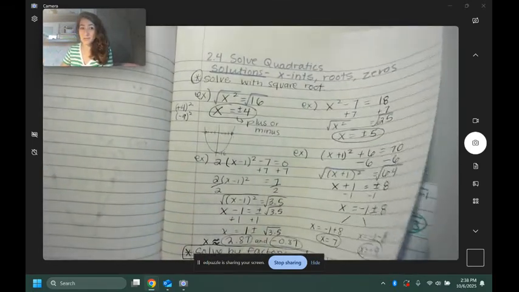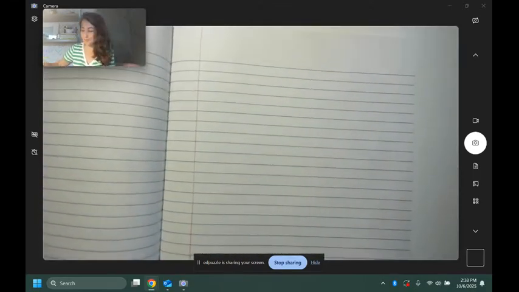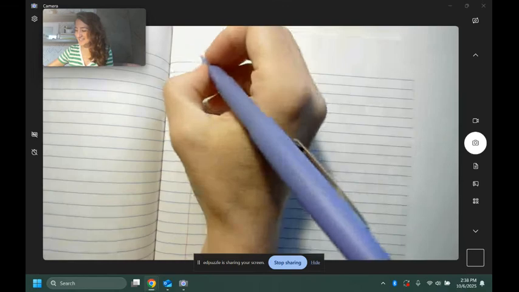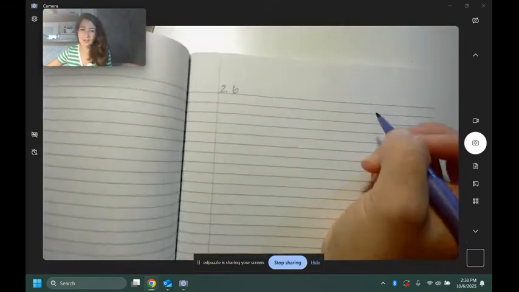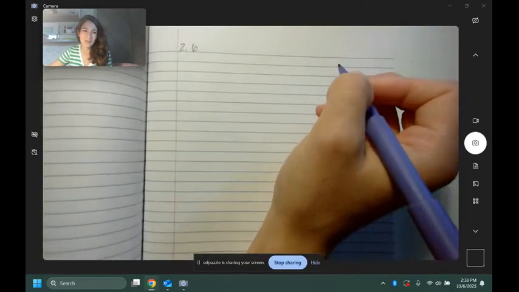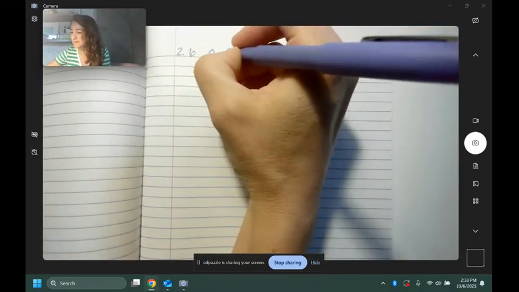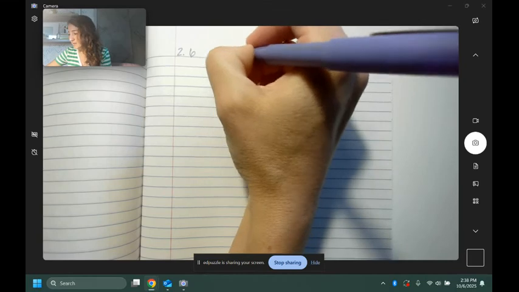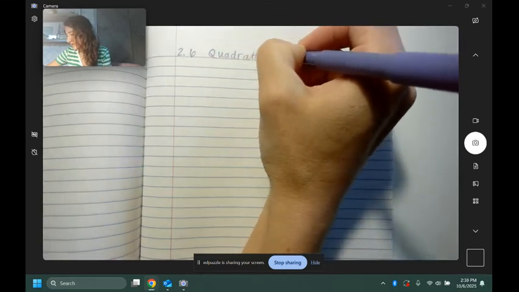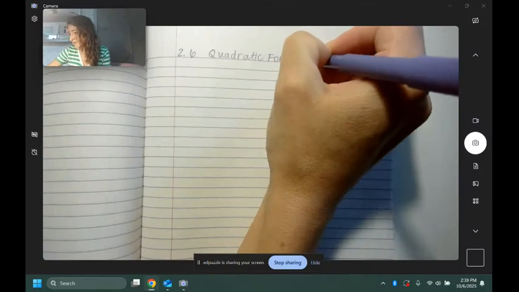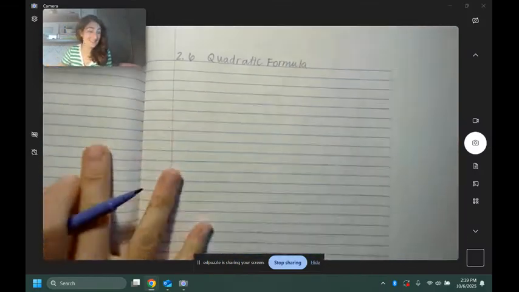How to solve a seemingly unsolvable question? This is something I want you to have in your quadratic tool belt. It's not something that comes up a ton, but it's really good to know that it exists, okay?